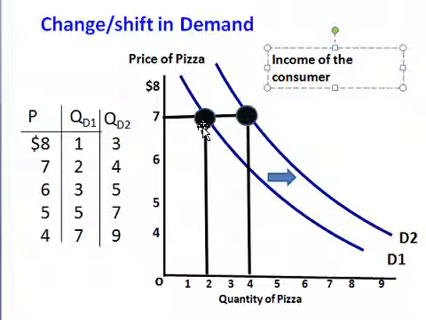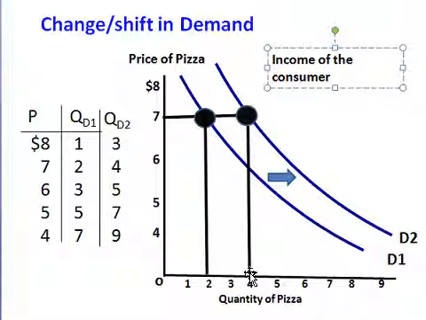No. Demand for pizza will not shift left, because his income has gone down but at the same time the price of pizza has also gone down, meaning he can still buy 4 pizzas.